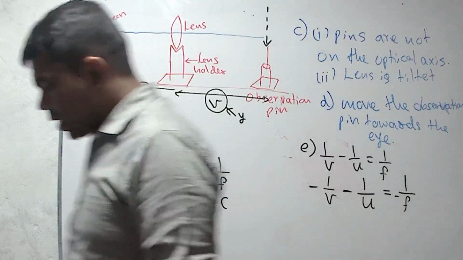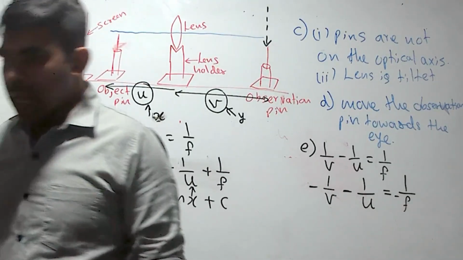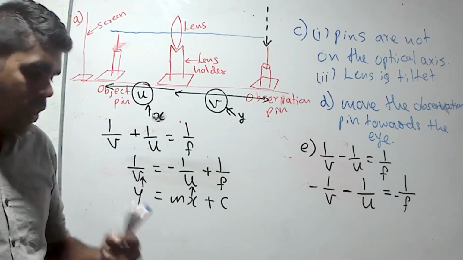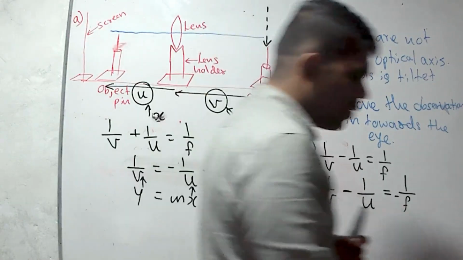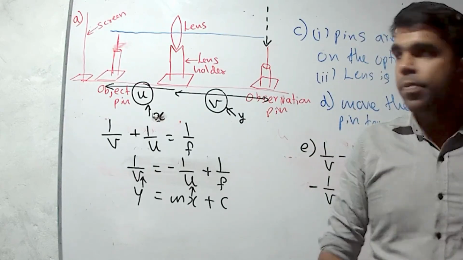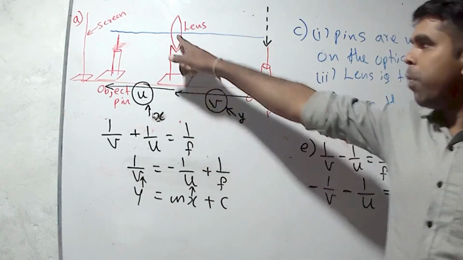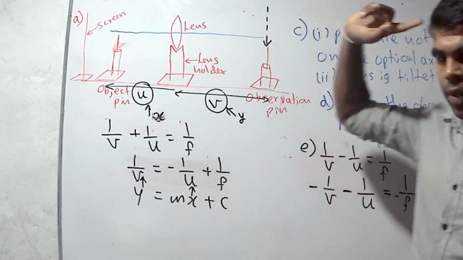We have to write the sign convention. There are 2 points in the sign convention. First one is all distances should be measured along the optical axis from the pole of the lens.